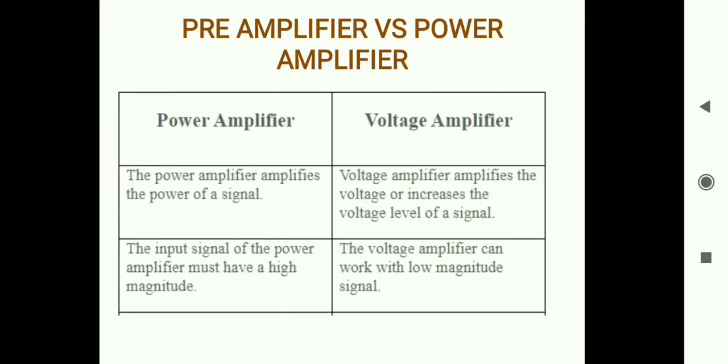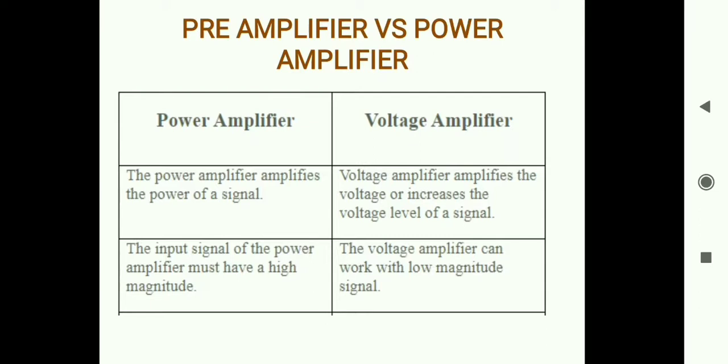The next topic is the difference between preamplifier and power amplifier. The power amplifier amplifies the power of the signal, and preamplifier is nothing but a voltage amplifier and current amplifier which increases the voltage level or the current level of a signal.